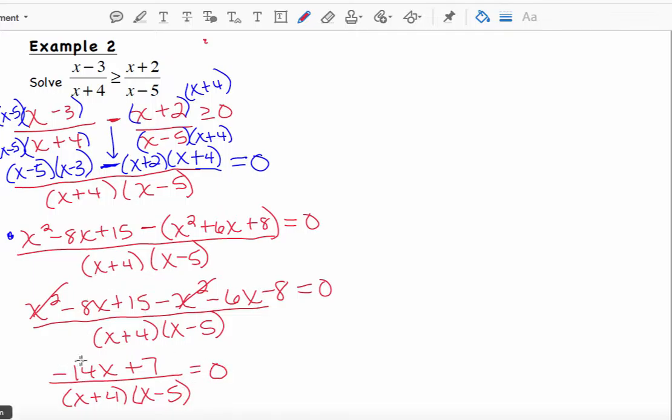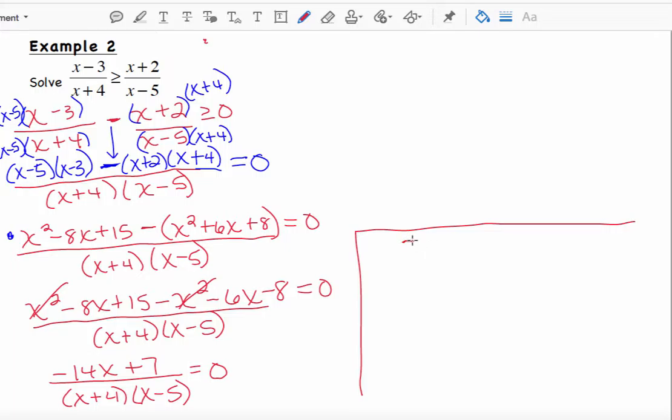And then the last thing that I would do for this problem is I would factor my numerator. So that when I'm substituting back in on my number line, calculations are easy to mental math.